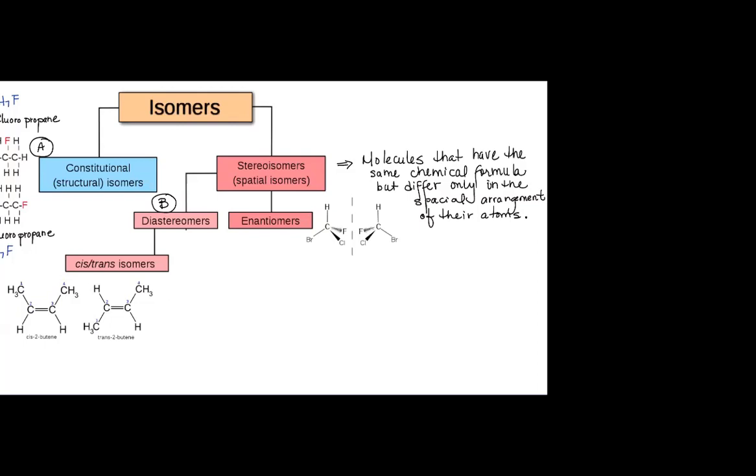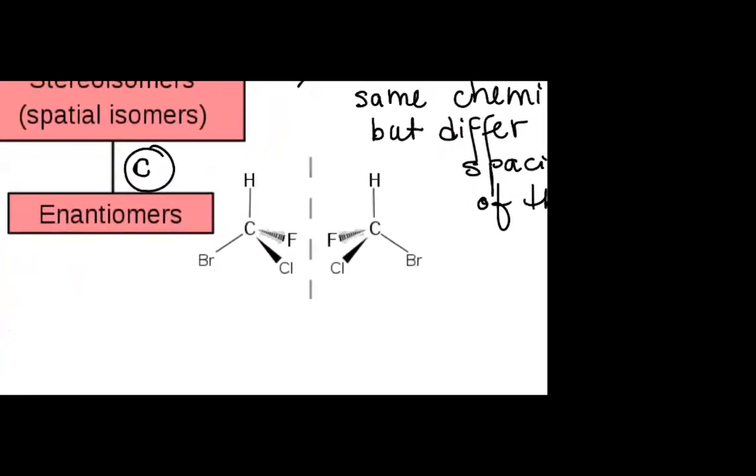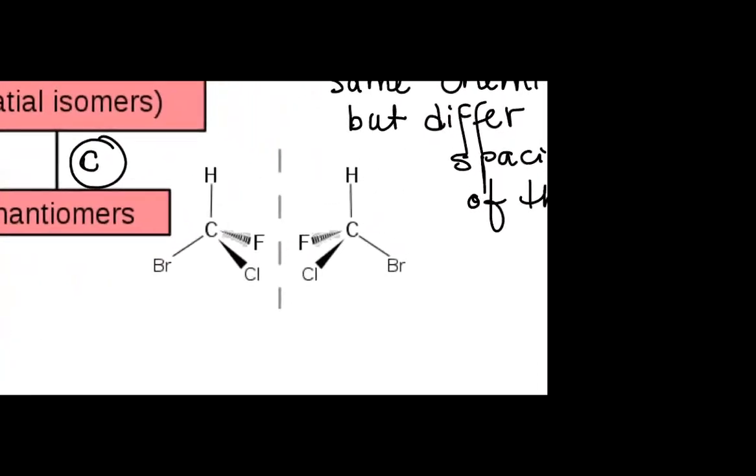The other class of stereoisomers that we have are enantiomers. When it comes to enantiomers, we can see here in the pair that we have a carbon atom that has 4 different groups attached to it. This is what is known as a chiral molecule.